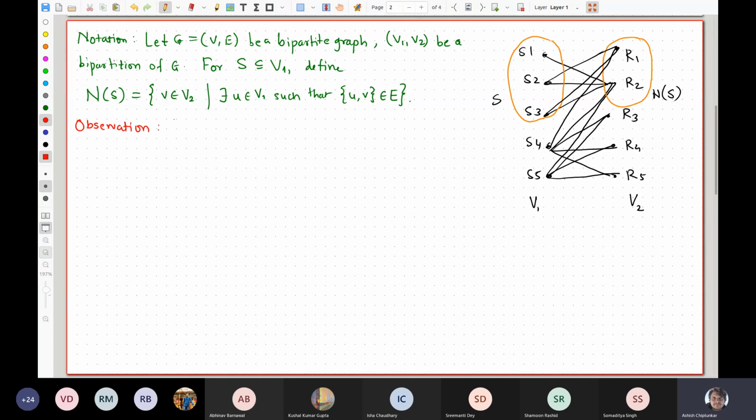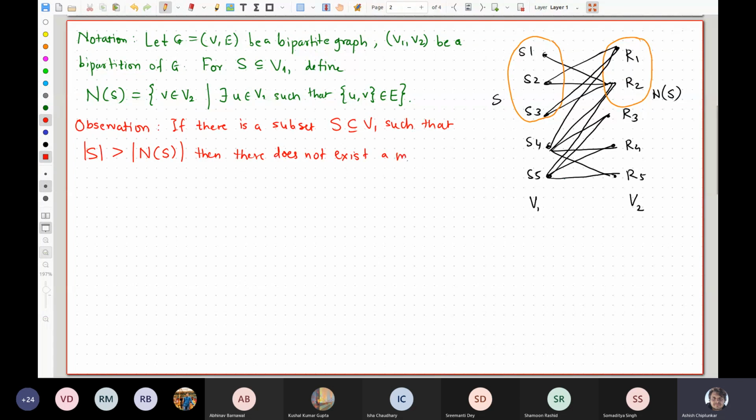Okay, and now the observation. The observation we had was, if there is a subset S of V1 such that the size of S is strictly greater than the size of N of S, then there does not exist a matching which matches all vertices in V1.